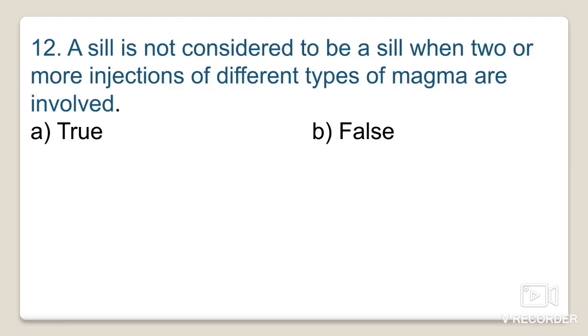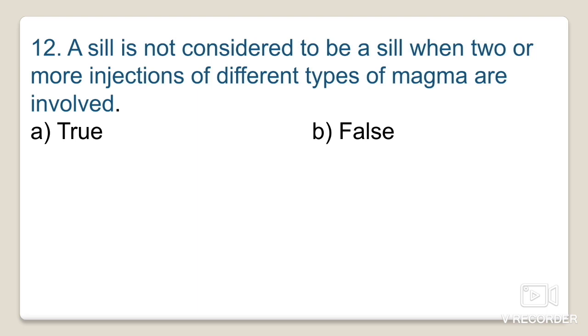And the last question of today's discussion is, a sill is not considered to be a sill when two or more injections of different types of magma are involved.